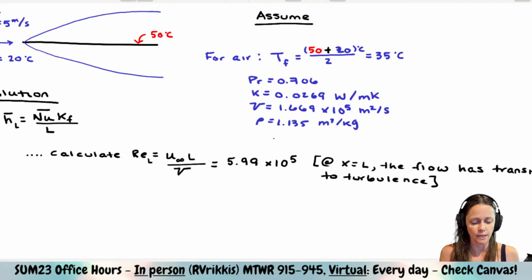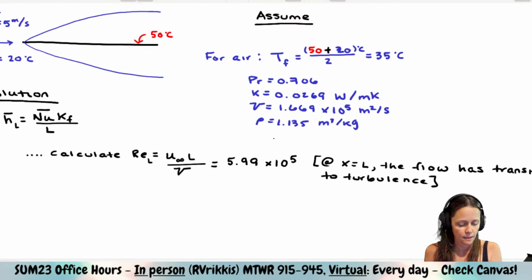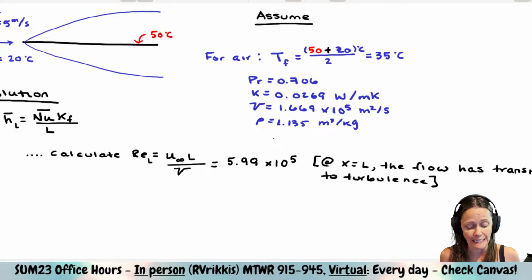So the Nusselt number that I'm going to need is not just for turbulent flow. So let me open up the PDF.